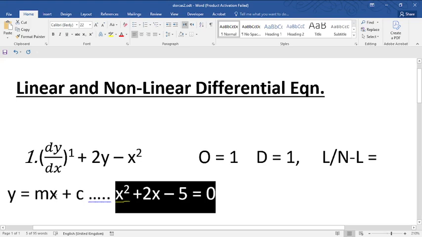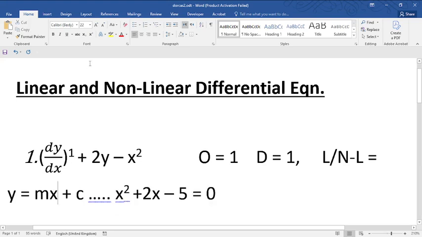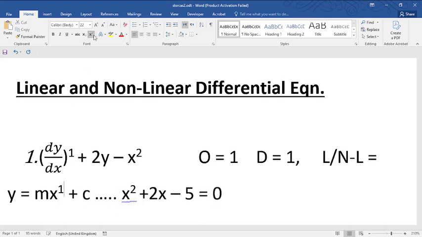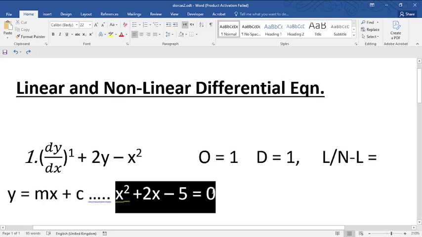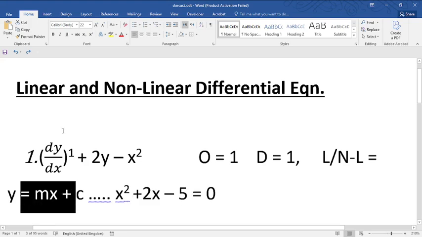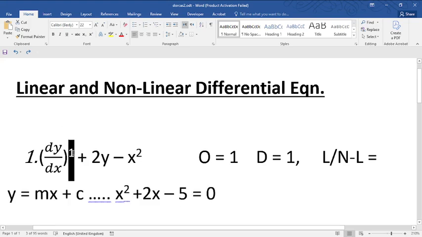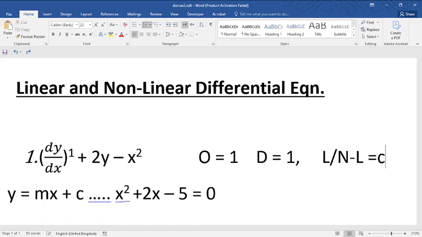So here the degree that we are having is what? Is 1. I can write this one like this. We are having x to the power of 1, which is still the same thing as x. Here that we are having x to the power of 2, the degree of this kind of particular equation will be 2. But here we are having 1. So here that we are having all raised to power 1, our degree will be equal to 1. Meanwhile, it makes the equation linear.